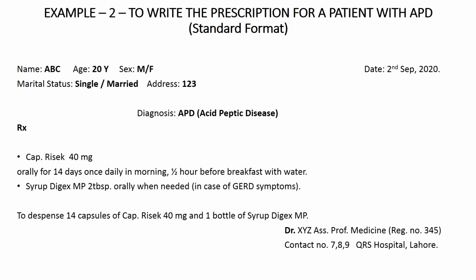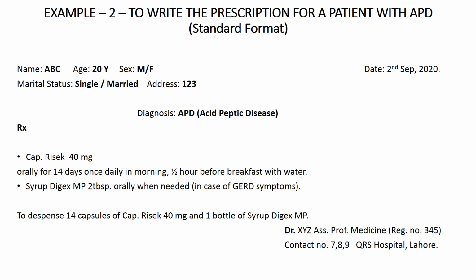After that, superscription, that is RX, then inscription, in this case capsule Ryzek 40 mg orally for 14 days once daily in the morning, half an hour before breakfast with water, which is transcription.